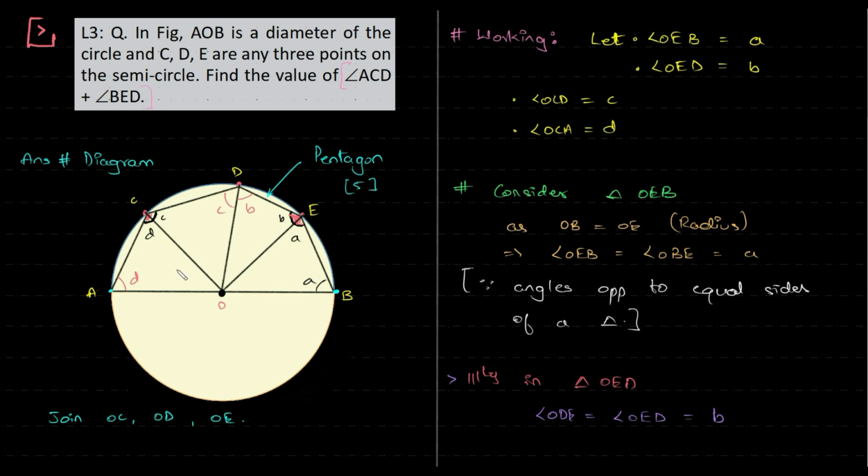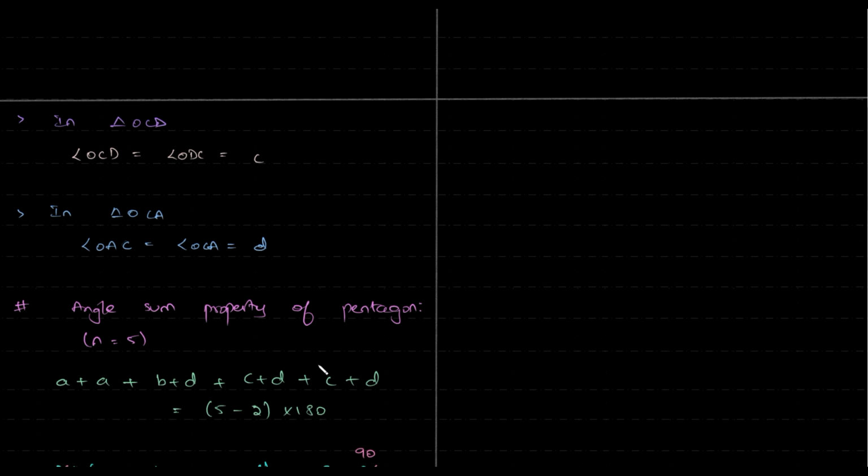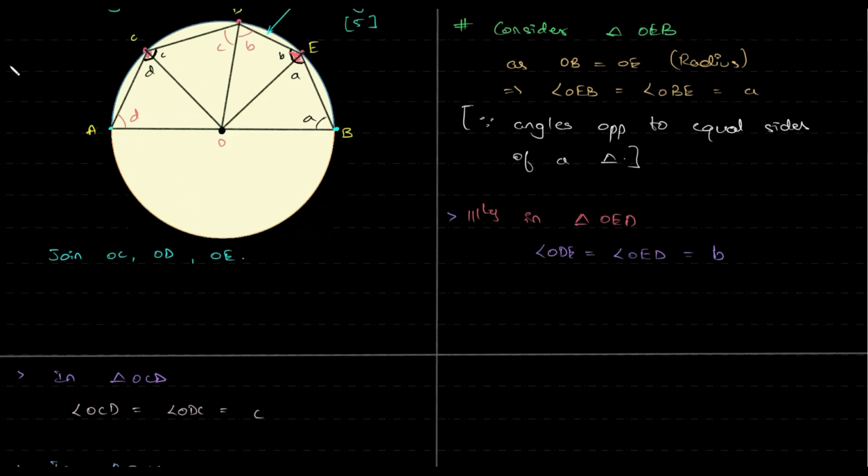See, the point here is we had to find these two angles, which are made up of A plus B and C plus D. So basically we are looking at angle A plus angle B plus angle C plus angle D, and we found the value. That turns out to be 270 degrees. So we basically got the answer. Finally, we'll write the conclusion.